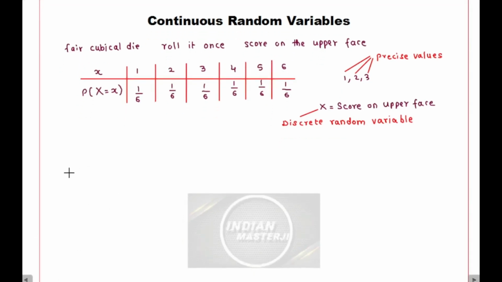Now let's take another example. Suppose I say that my mass is 60 kgs, and it is measured to the nearest kg.